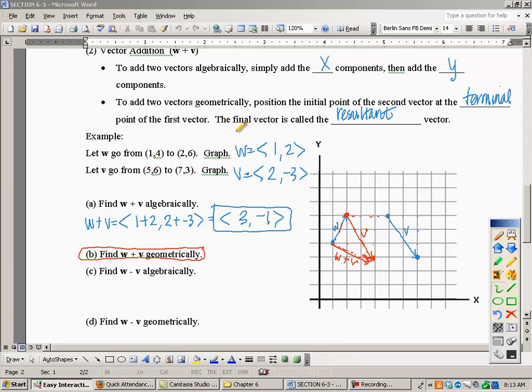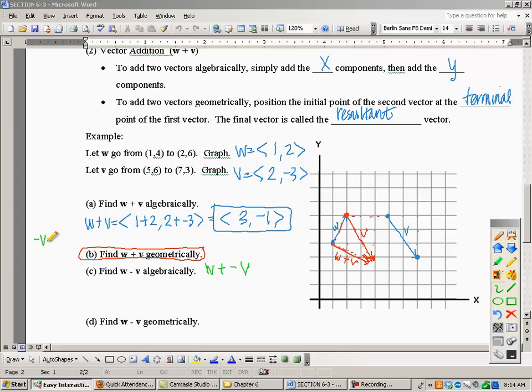We want to take W minus V algebraically. Here's the thing, we have to add a negative V. Okay, there is no subtraction of vectors. Instead, you can add the opposite. And so as I go through, I want to talk about what is the opposite of V. And I'm going to just stick this over here.